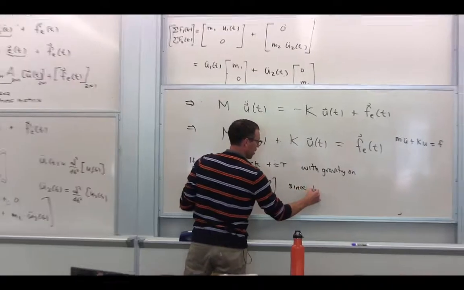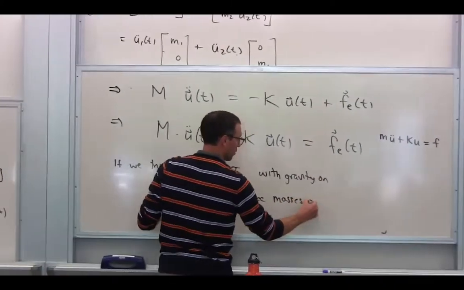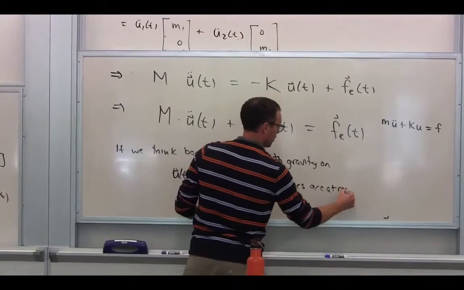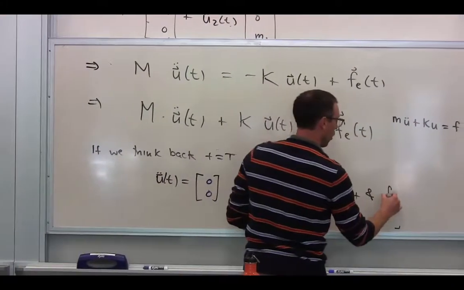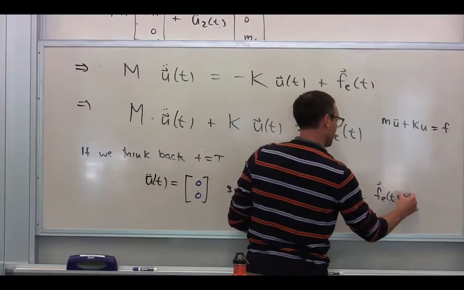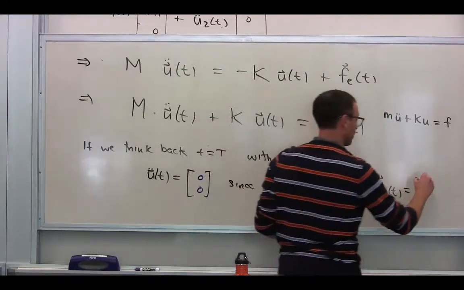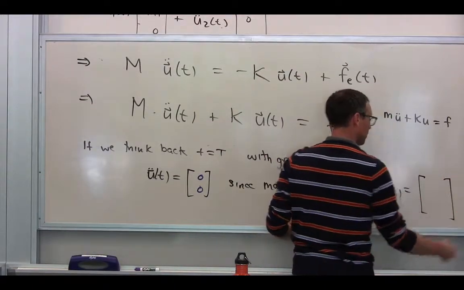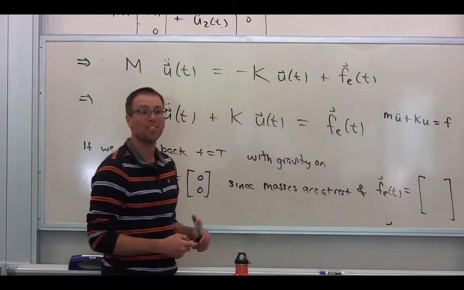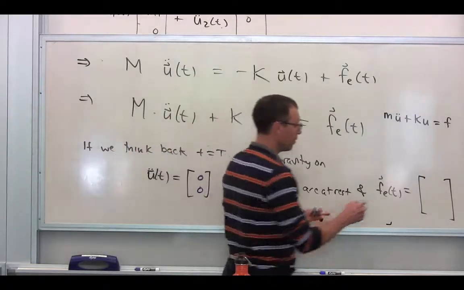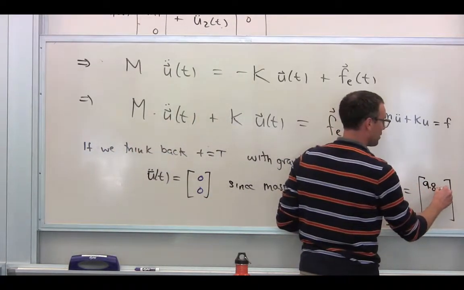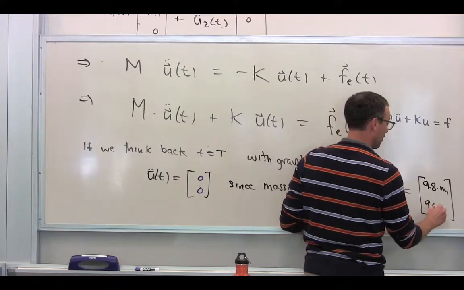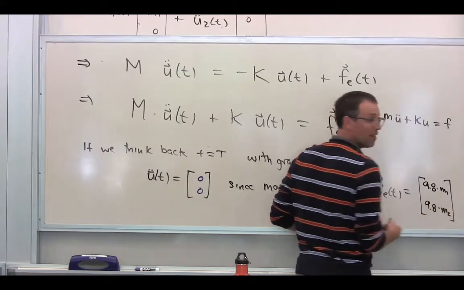Since masses are at rest. And what's Fe of t? What's the external force vector? 9.8 times m1, 9.8 times m2.